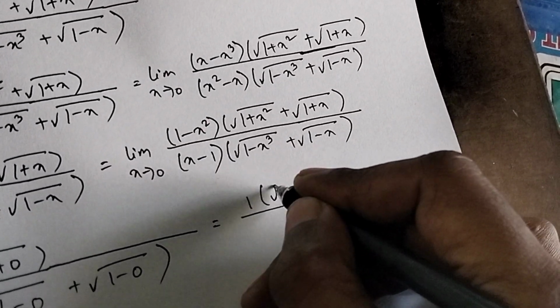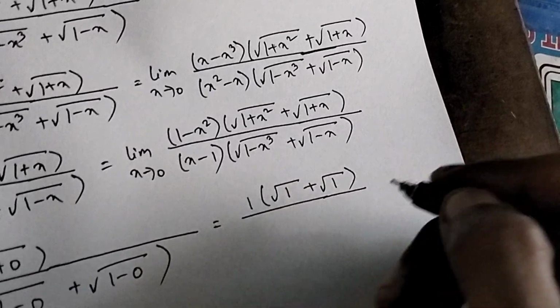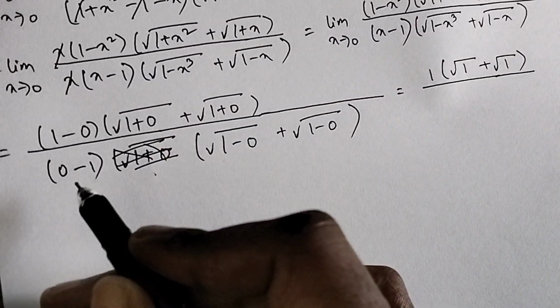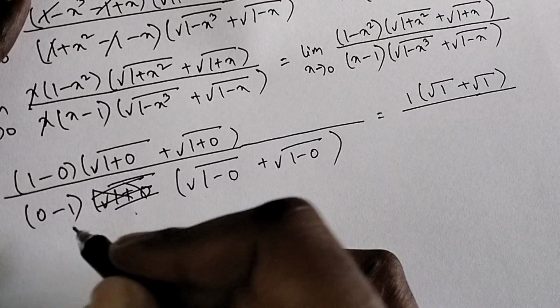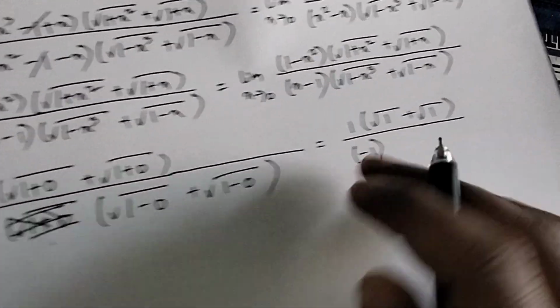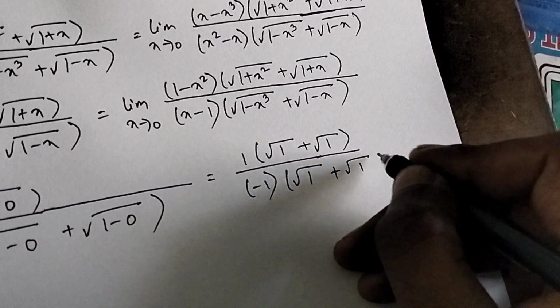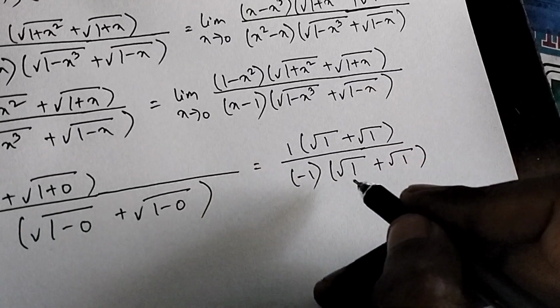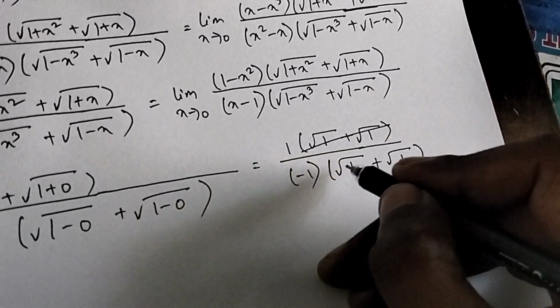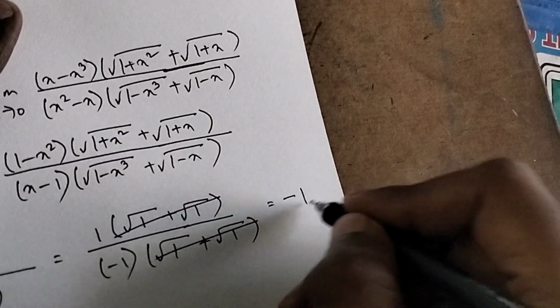So 1 into root 1 plus root 1 in the numerator. Here 0 minus 1 is minus 1, root 1 plus root 1. So this 1 plus 1 and 1 plus 1 will cancel each other. So 1 by minus 1 is equal to minus 1.